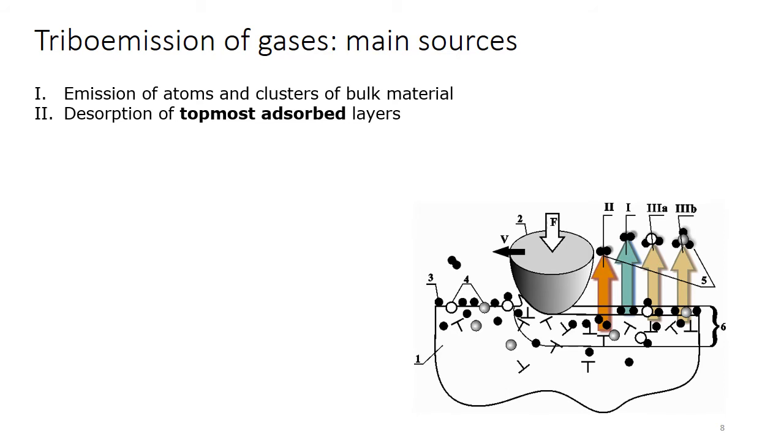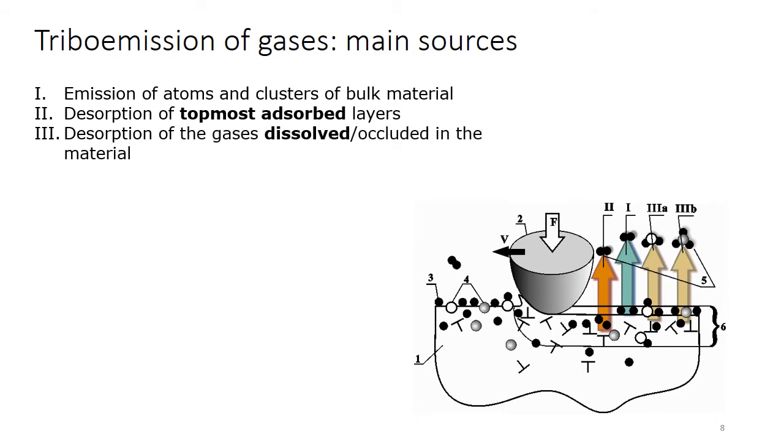The second one is desorption of the topmost adsorbed layers. Imagine you have a layer of water adsorbed on a metal surface, and by rubbing this metal surface, a part of this water layer is desorbed, and this can be observed as gas emission.